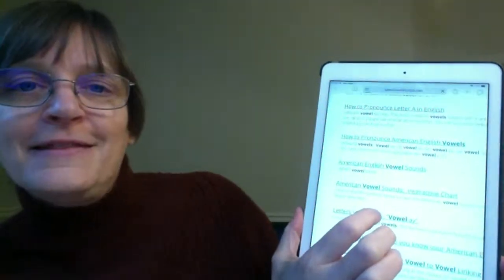And I can scroll through and see what might be a good one for me. So if I'm looking for how to spell, how to pronounce the letter A, general information about vowels, interactive chart, I can find all of that here. So for example, here's my vowel A that we were talking about in day, and I can see the pronunciation, different spellings and different words, as well as links to videos and more information. So you can check those out.